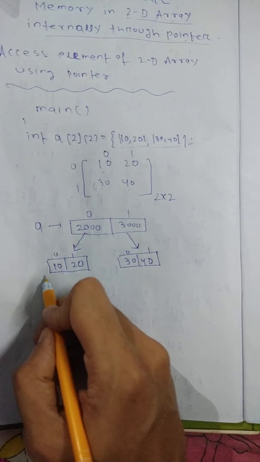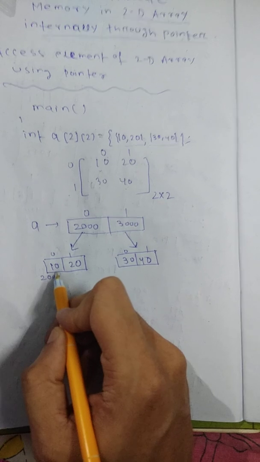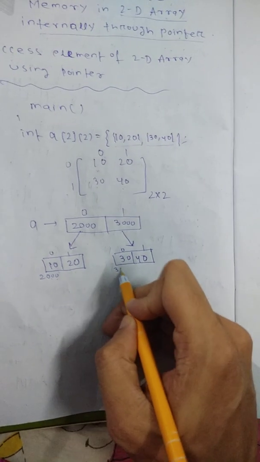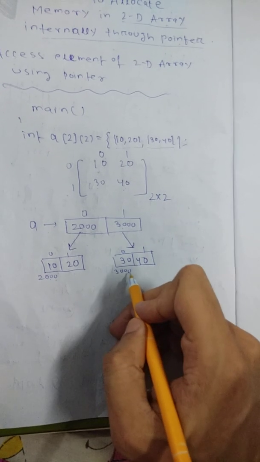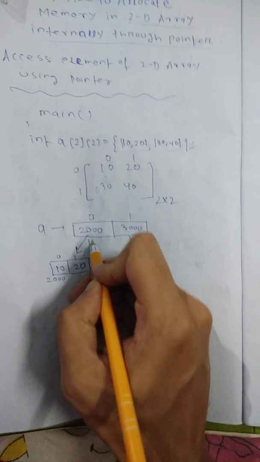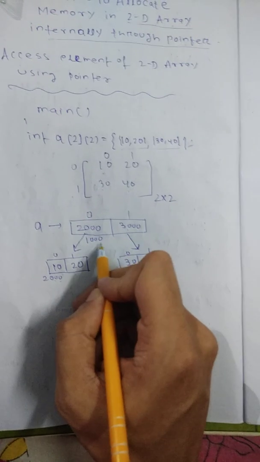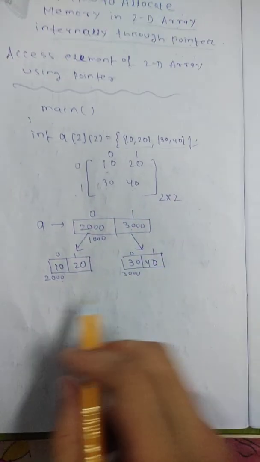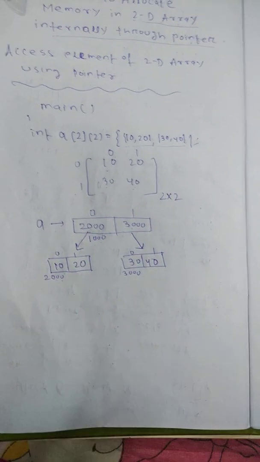The address, suppose, 2000 will start at 2000, and here 3000 will start at 3000, but the address of A is different. Suppose this address is 1000, so the address of A is 1000. So this is your internal memory allocation.